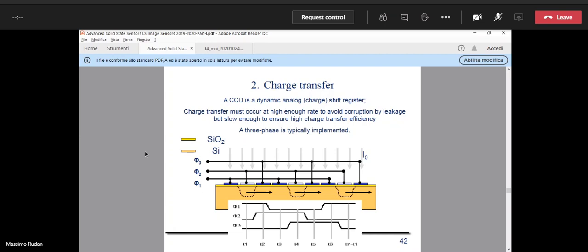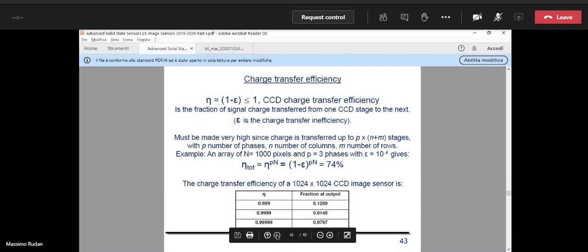And we have now to define the transfer efficiency and understand how we can make the transfer efficiency as big as possible. So the transfer efficiency is very easily defined, okay?